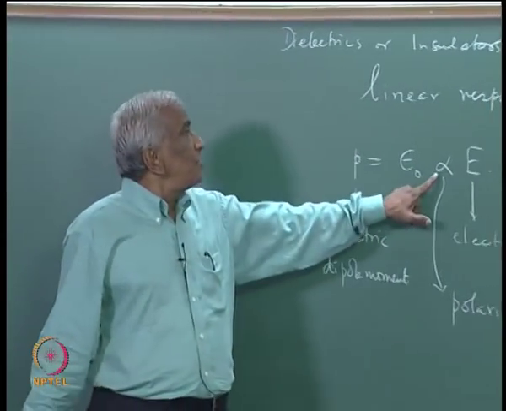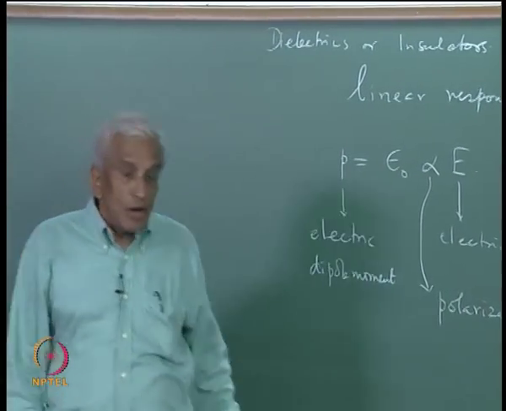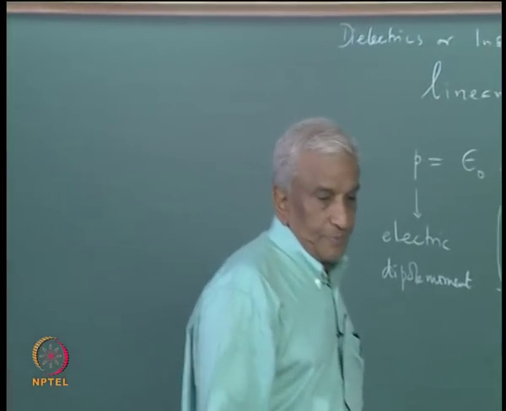That is a constant which is measured in units of epsilon naught, the permittivity of free space.